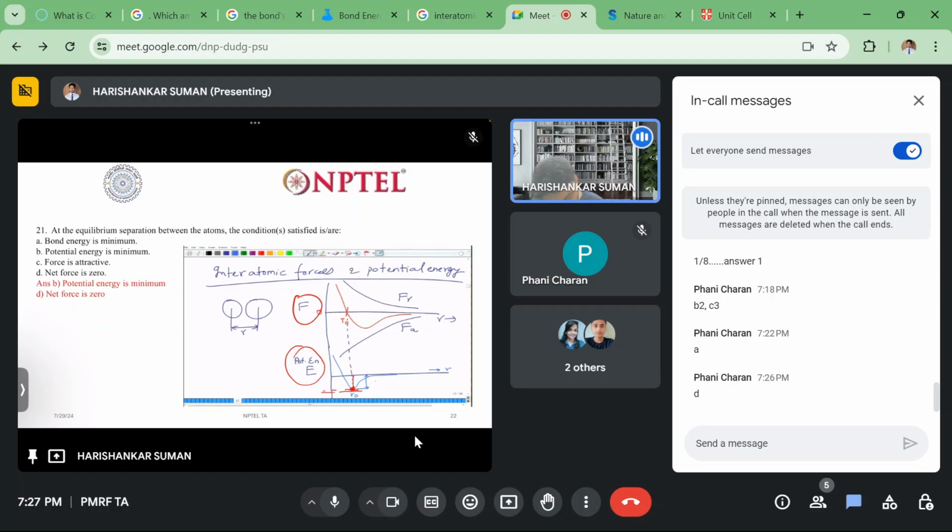And net force should also be zero, as the forces between atoms are attraction and repulsion. So the attraction and repulsion forces will cancel out and should be equal. Then equilibrium can happen for these atoms and the potential energy there is minimum.